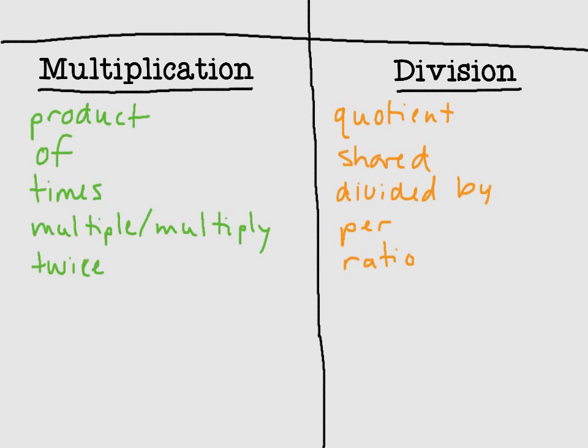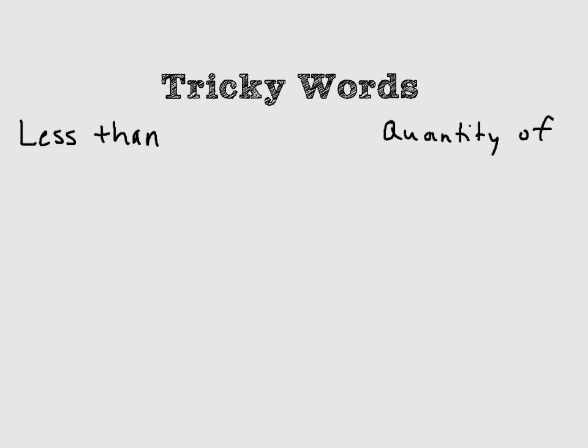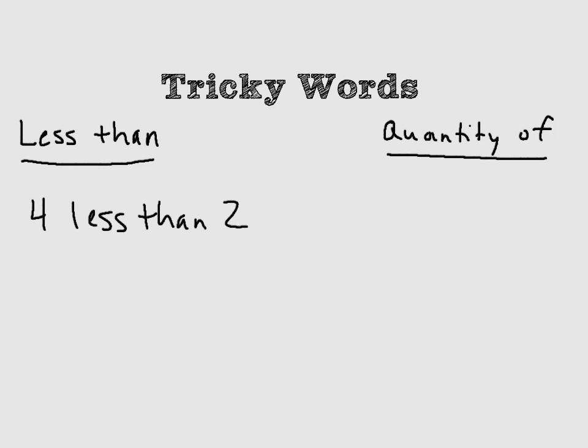Now I want to talk more about some specific ones considered tricky words: less than and quantity of. Now I know quantity of wasn't over there, but it fits into a different category, but we'll get there. So less than, now if I say 4 less than 2. Now what this is saying to me is that it's a little different than a normal subtraction.